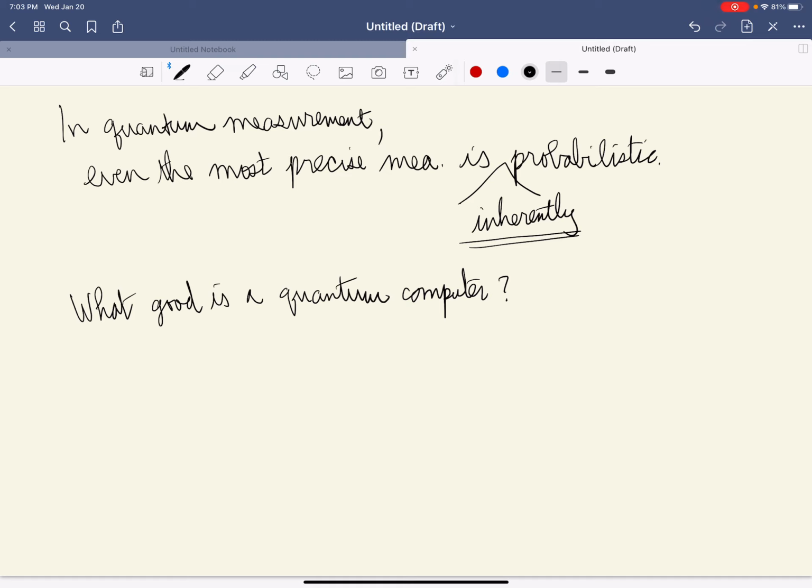But then, if that's all we can hope for in a quantum computer, then what good is it? Well, the short answer is that still there are some problems where even that probabilistic answer is much better than the answers you would be able to find from asking the same question on a classical computer.